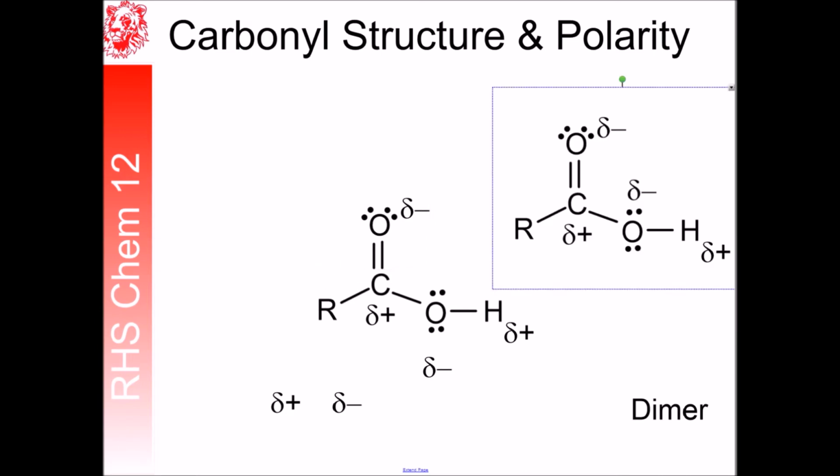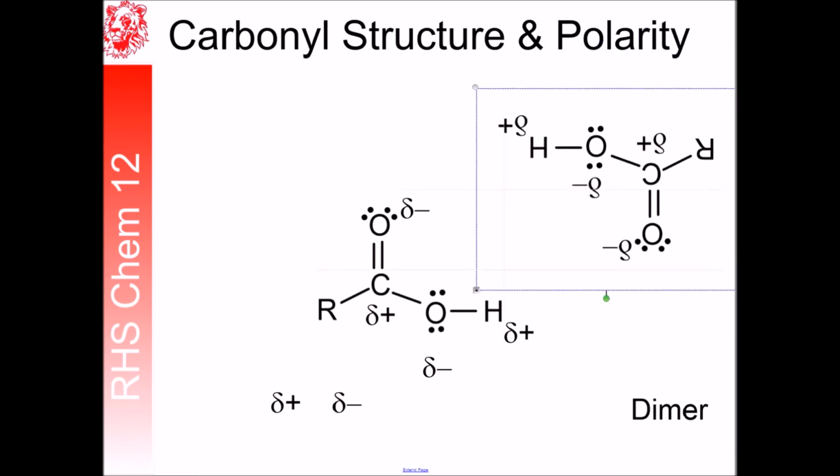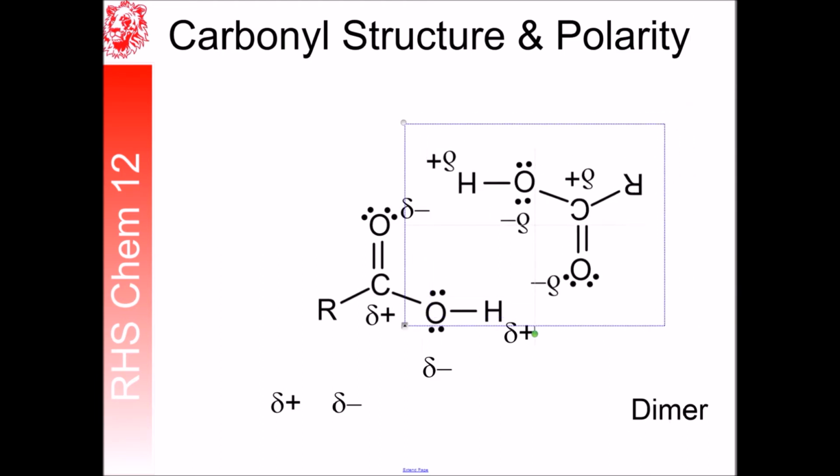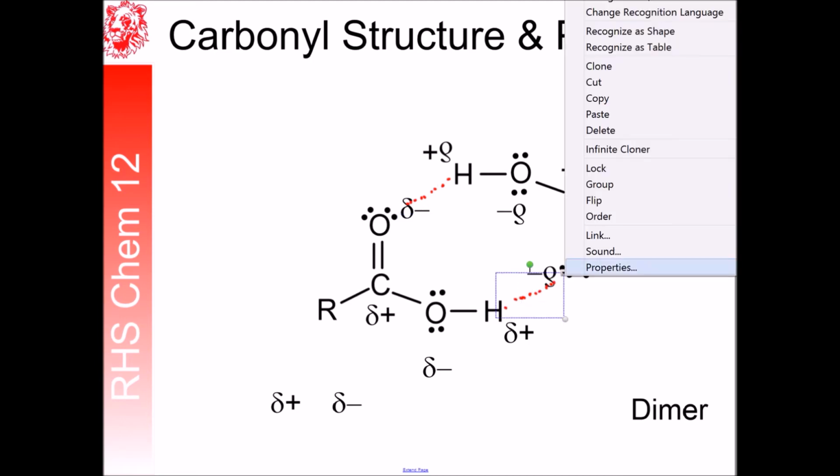So if we clone this carboxylic acid and come up with an exact duplicate, and if it were to approach, then an interesting thing would happen. You'd end up with a partial positive hydrogen right next to a partial negative oxygen, and so you could have a dipole-dipole interaction or hydrogen bond there and there.